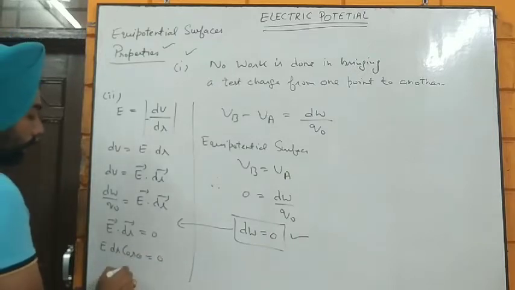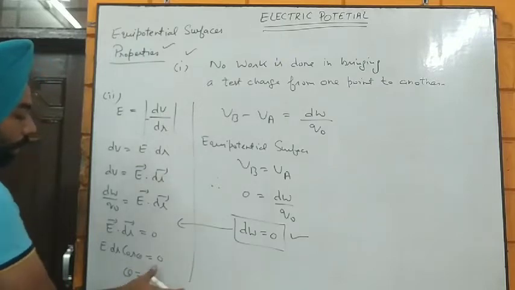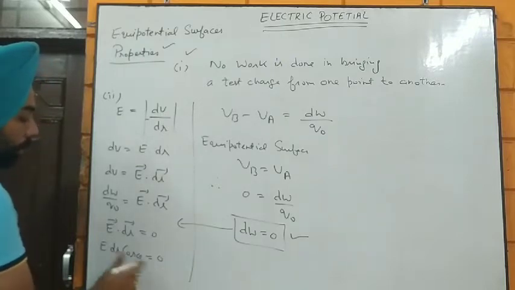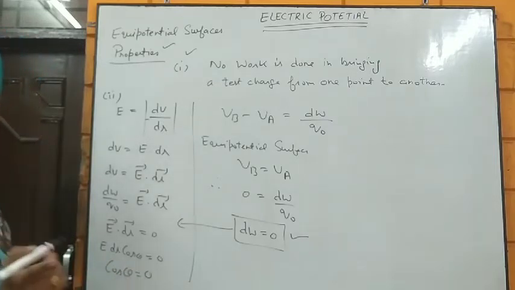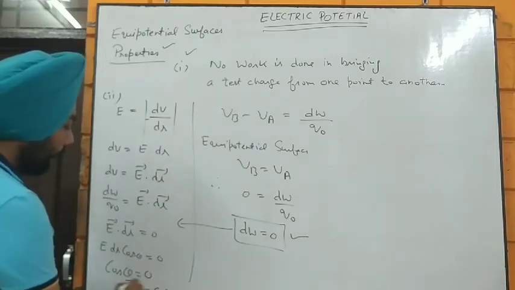So how? Cos theta is going to be 0. When is cos theta 0? When theta is going to be 90 degree.